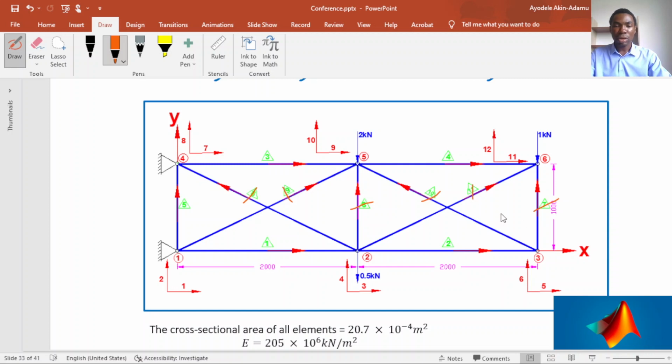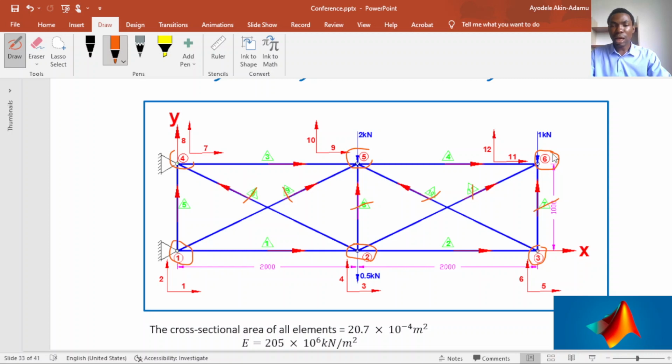After we have numbered our truss finite elements, the next thing you need to do is number your nodes. The nodes can also be numbered in any order. But in this problem, I decided to number this node here node 1, node 2, node 3, node 4, node 5, node 6.